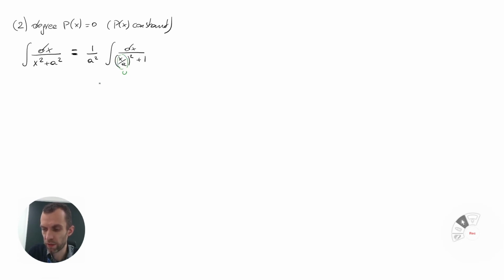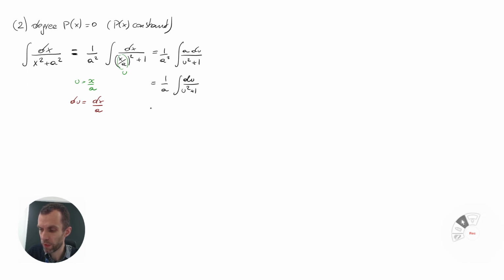I can call u x over a, and therefore du is dx over a, and my integral becomes 1 over a squared times a du over u squared plus 1, so that is 1 over a times du over u squared plus 1, and that is a form that I recognize, that is the inverse tangent plus a constant, and so therefore I get 1 over a inverse tangent of x over a plus c.